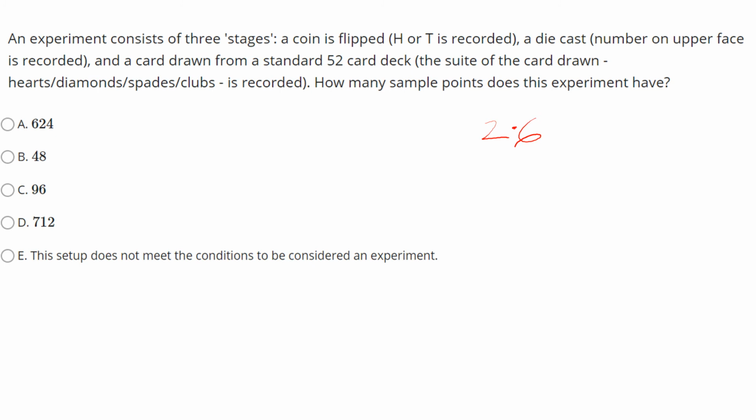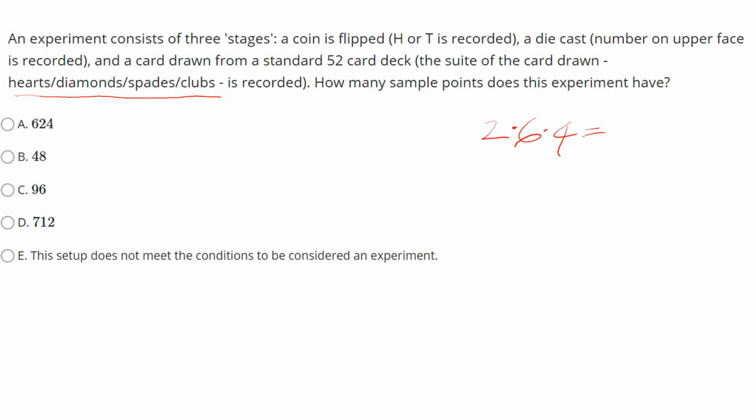And then finally, when you draw a card from a 52 card deck and you observe the suit, there are 4 possible outcomes, right? In fact, the clue is given to you over there: hearts, diamonds, spades, clubs. So it's just a matter of taking that product, and that equals the total number of sample points in this experiment.